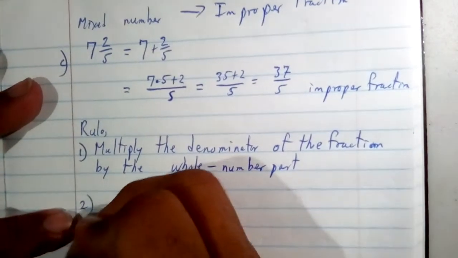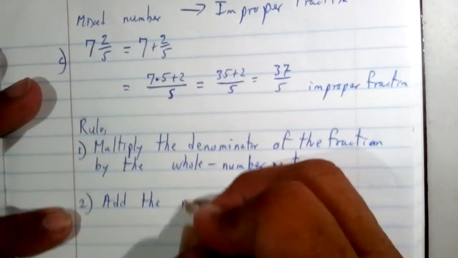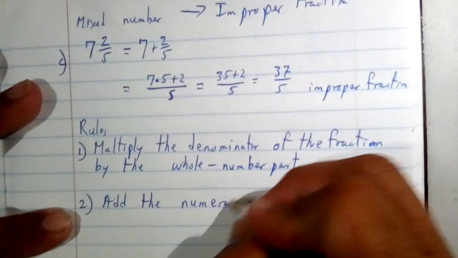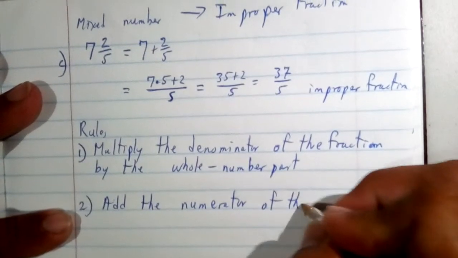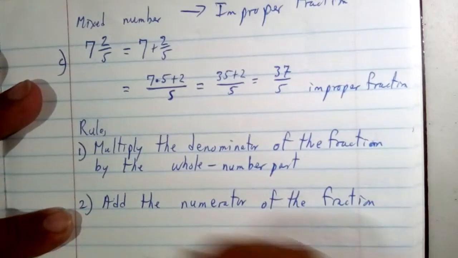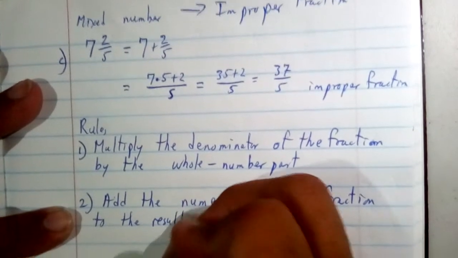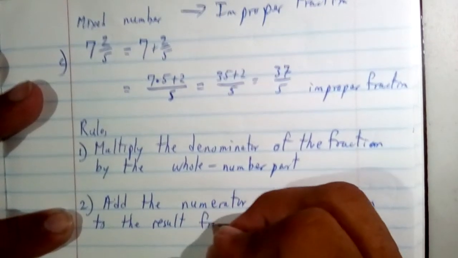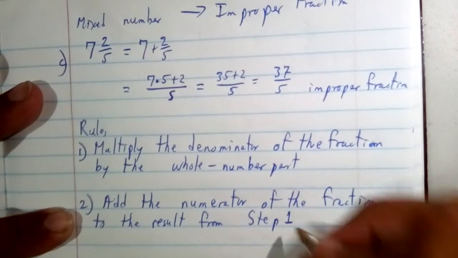2, add the numerator of the fraction to the result from step 1. And what's step 1?